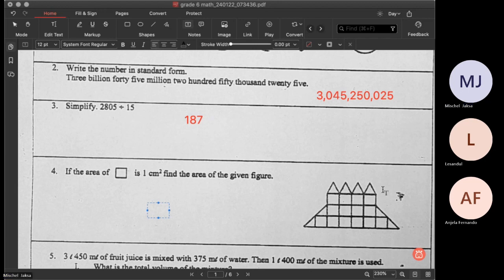Any idea? Who can tell me, what is the area of the triangle?